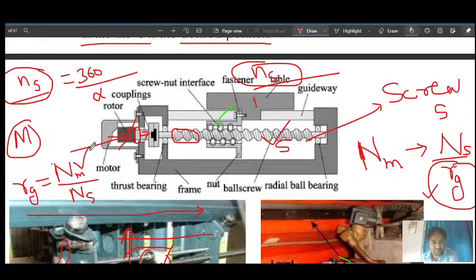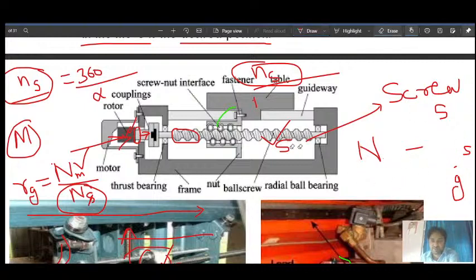Motor speed would be high, and we have to get our screw speed low. Why did I write it this way? This one is wrong, this one is correct.